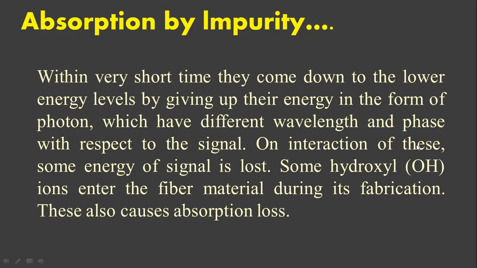So on interaction of these, that means two photons are there: the incoming photon, the light energy, and the energy emitted by excitation and de-excitation of the electrons in the impurity atoms. These two interact with each other, and some energy of the signal is lost because their phases will be in different directions. Because of that reason, the signal loss takes place.